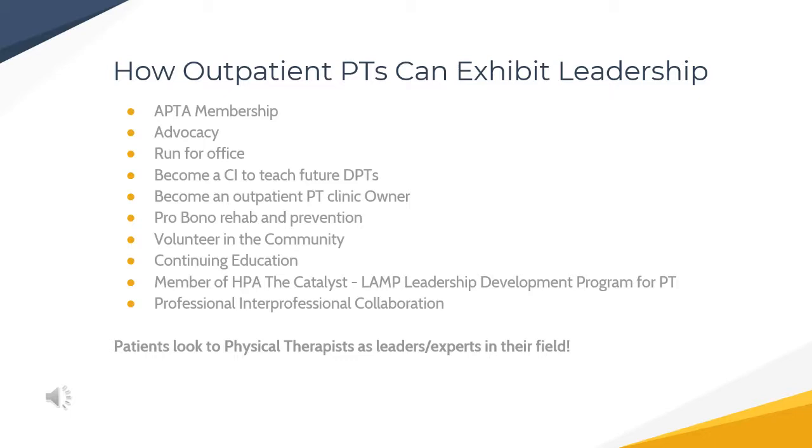Most importantly is that patients look to outpatient PTs as leaders or experts in their field. Please see the speaker notes below for resources for advocacy involvement opportunities and ways to take action.